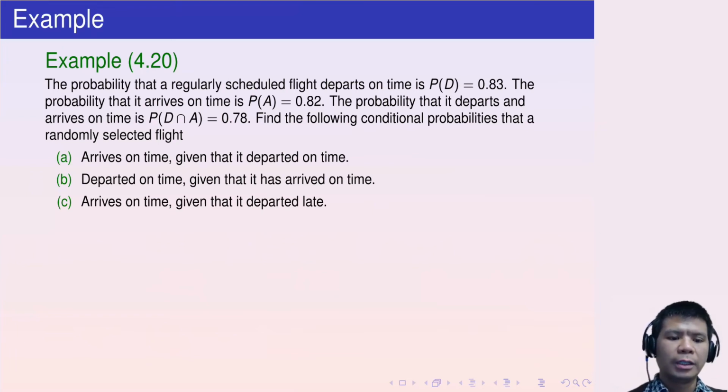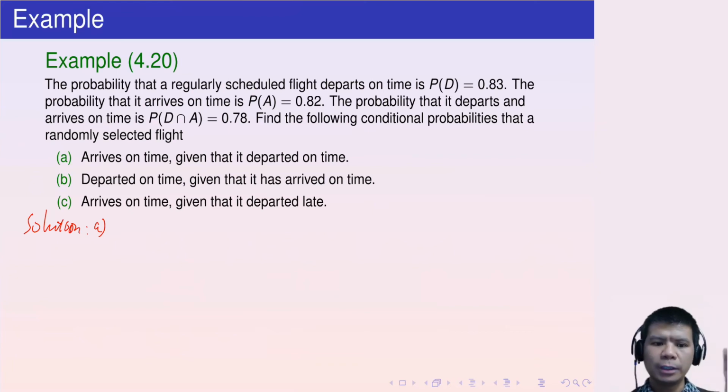Okay, so now that's the solution. So solution here, part A. We need to know this is a conditional probability, and there are two events. Now for A here, the event of interest is arrives on time. We want to find the probability that it arrives on time, under the condition given that it departed on time.